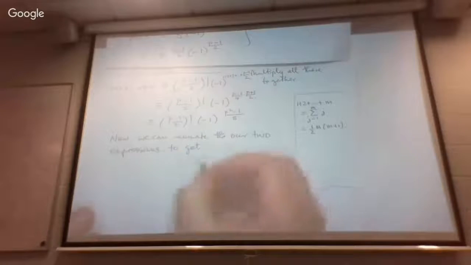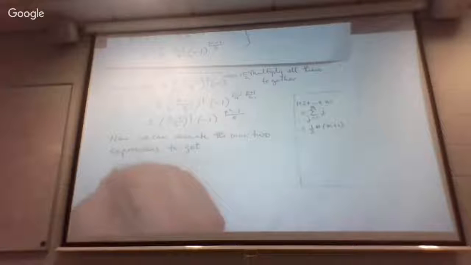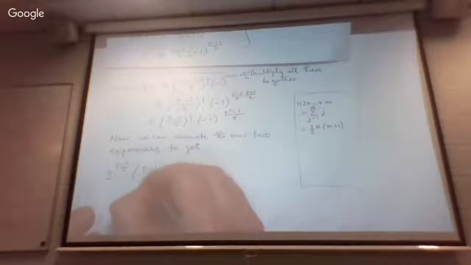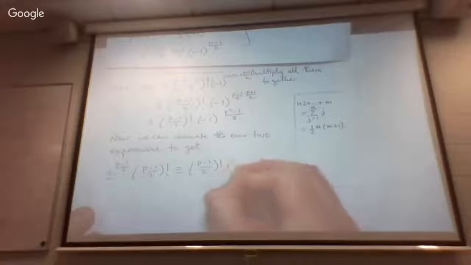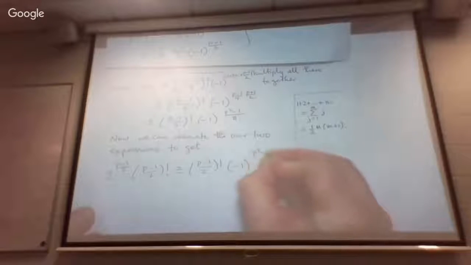Anyway, 2 to the power p minus 1 over 2 times p minus 1 over 2 factorial is congruent to p minus 1 over 2 factorial times minus 1 to the p squared minus 1 over 8.